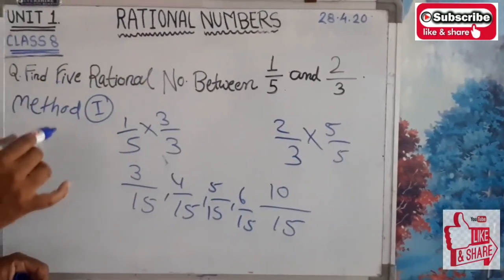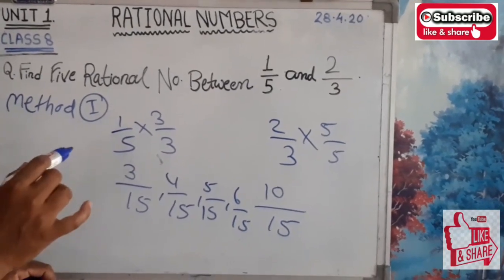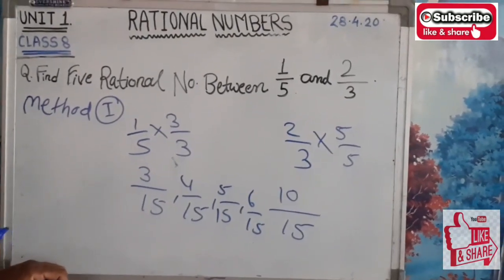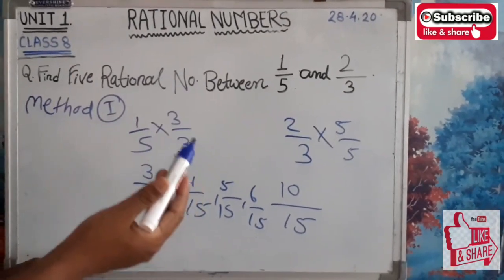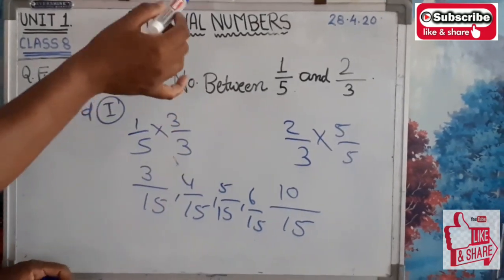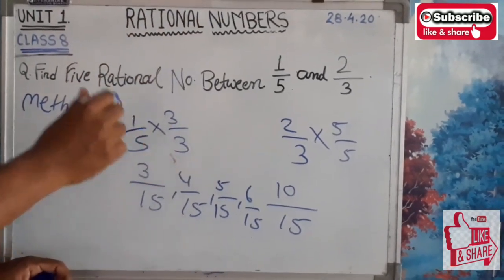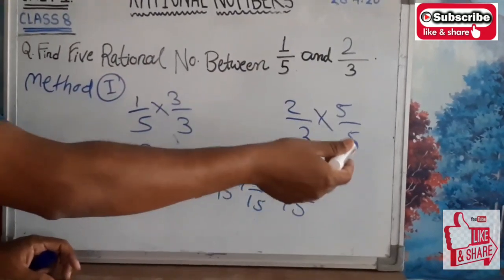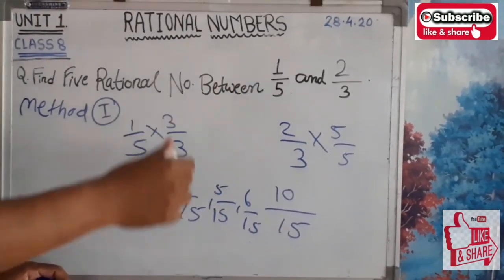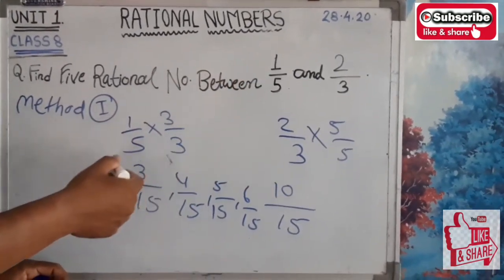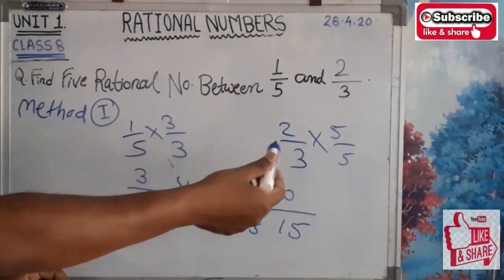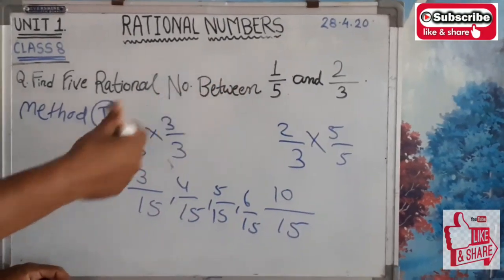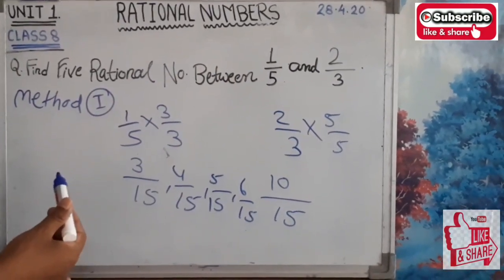This method is known as converting the fractions into equivalent fractions, or making the fractions like. Take the first fraction and multiply by the denominator of the second fraction, then take the second fraction and multiply by the denominator of the first. When converted into like fractions, you can find a large number of fractions between the given two numbers.